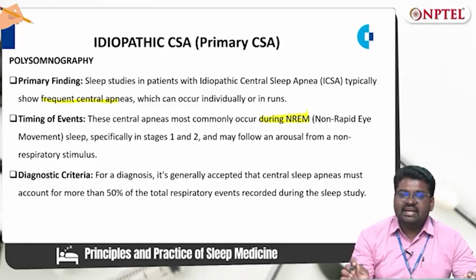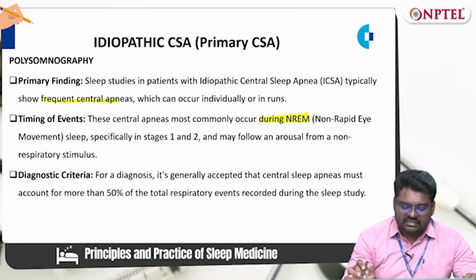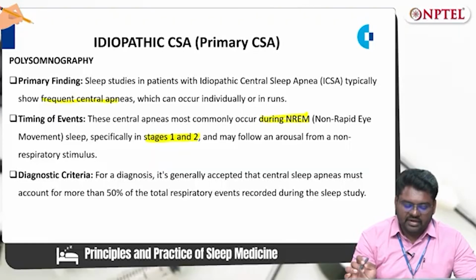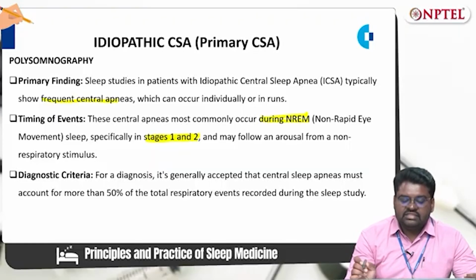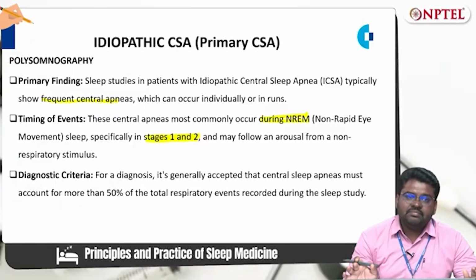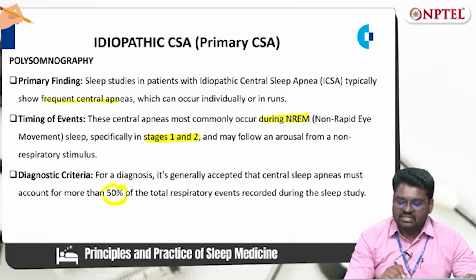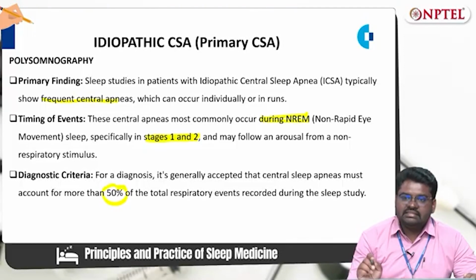As I discussed earlier, NREM sleep is the most common phase of sleep where central sleep apnea occurs, especially in stage 1 and 2, and may follow an arousal from a non-respiratory stimulus. The diagnosis: it is generally accepted that central sleep apnea must account for more than 50% of the total respiratory events recorded during the sleep study.